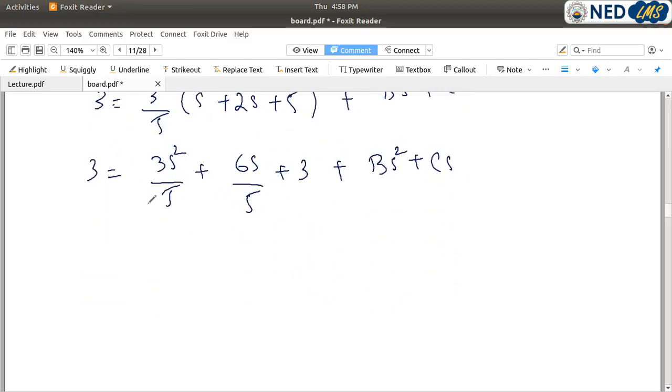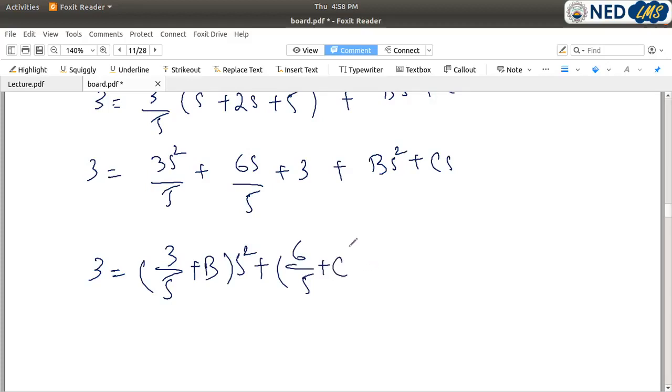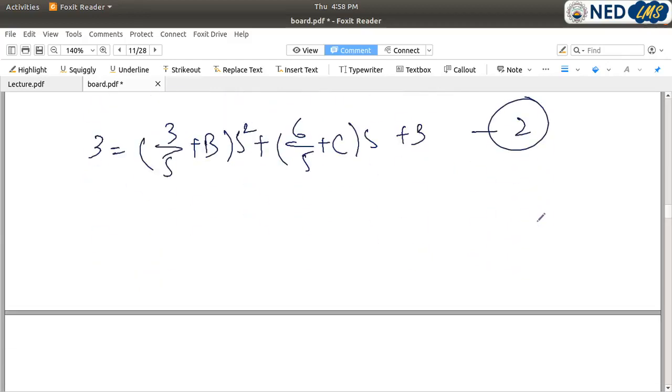Now, combining the coefficients of the similar power, 3 is equals to 3 over 5 plus b into s square plus 6 over 5 plus c into s plus 3. This will become our equation number 2.